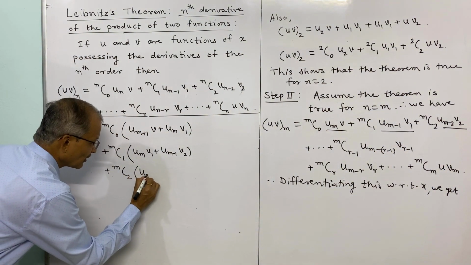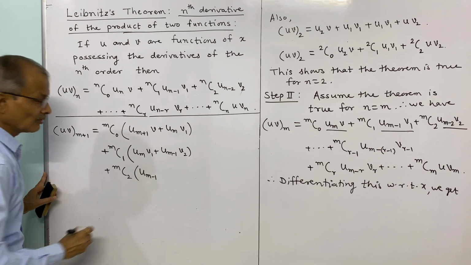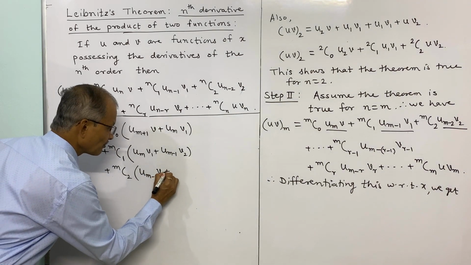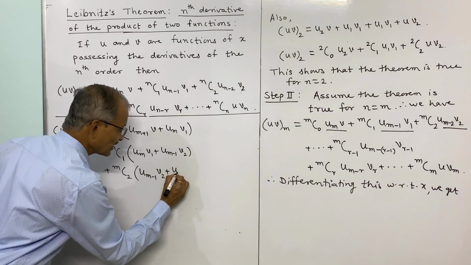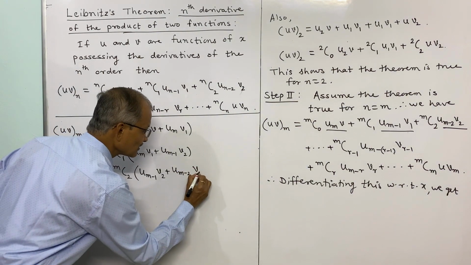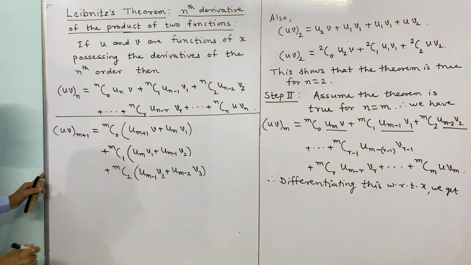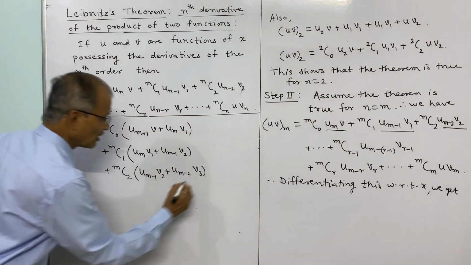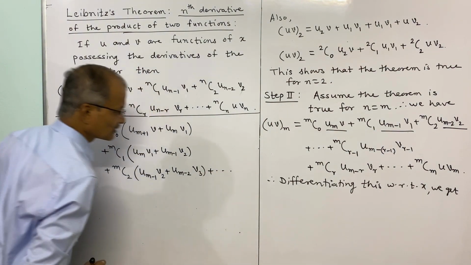So the m minus 1th derivative of u into v2 as it is, plus next is first as it is, u_(m minus 2), and derivative of v2 is v3, and this is continued, so on.